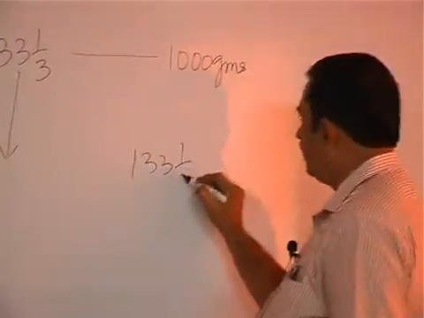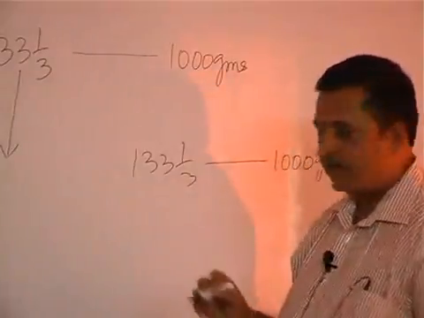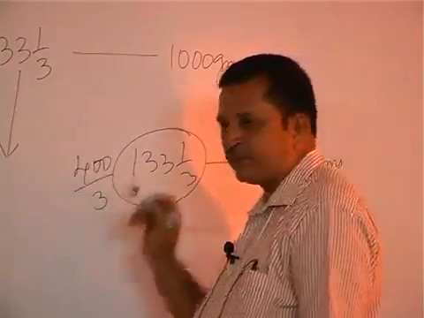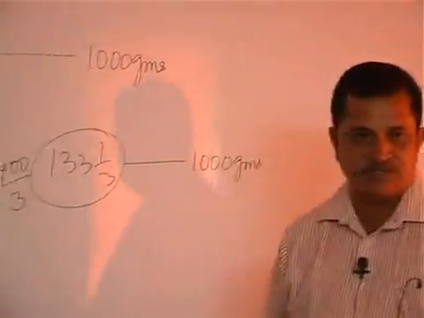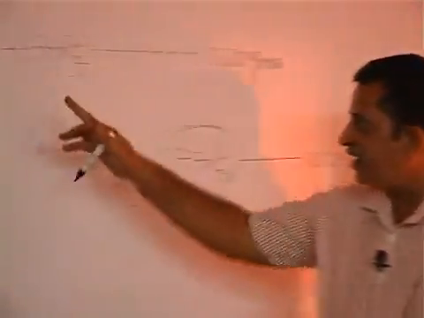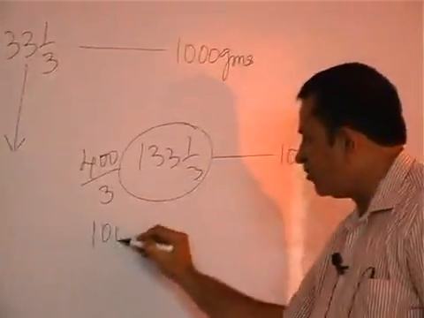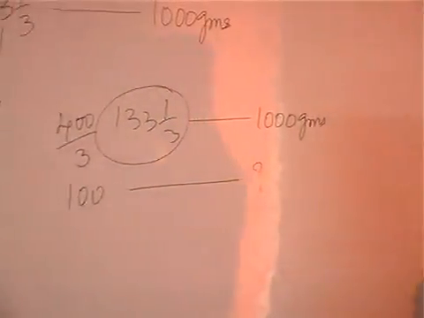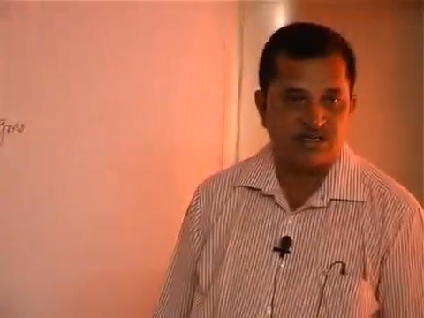So 133 1/3 is equal to 1000 grams. 133 1/3 means 400/3. 400/3 is equal to 1000 grams. To find the weight substituted, he has given 100 to us, is it not? 100 will be equal to how much? 400 by 3 is 1000 grams, so 100 will be equal to how much?